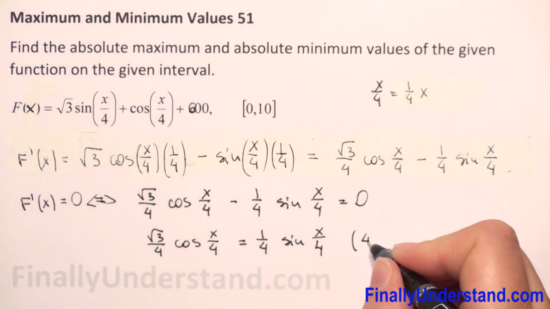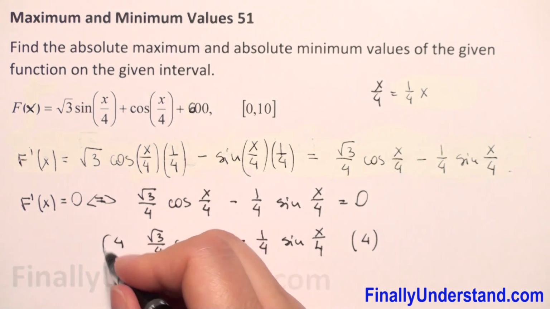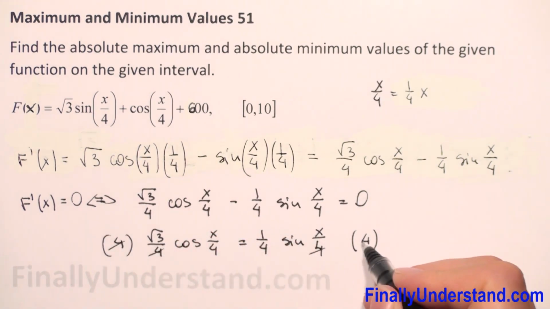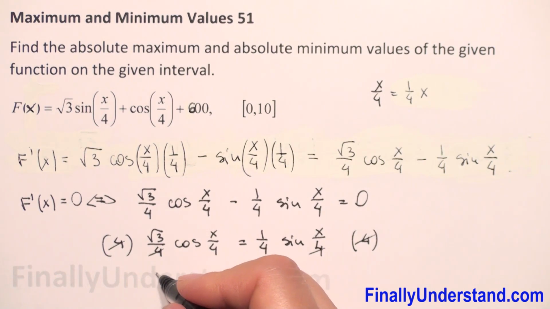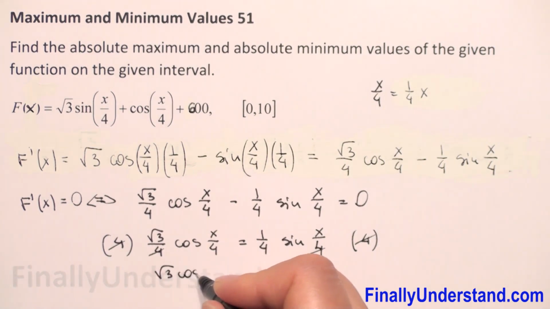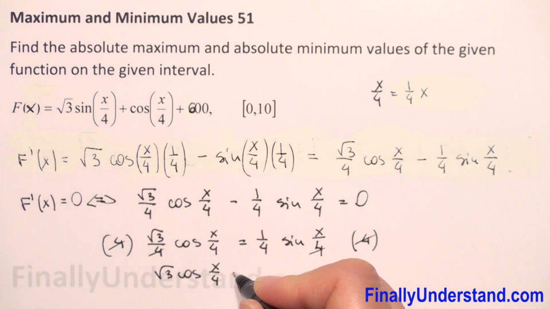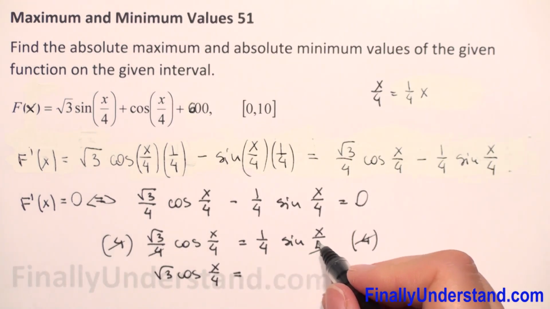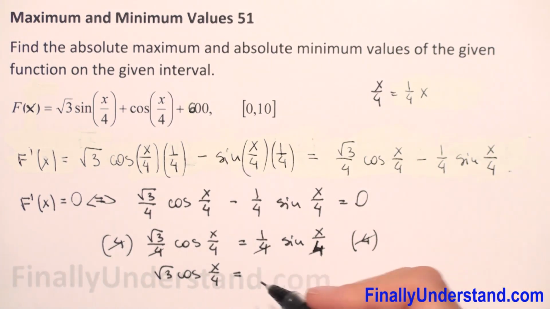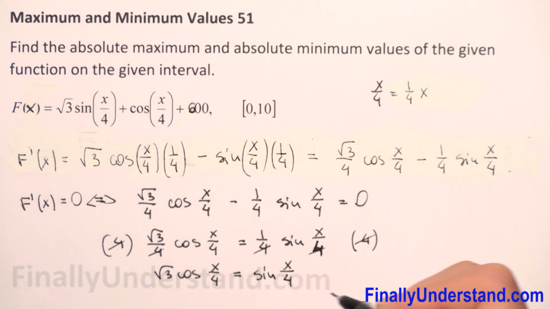Now I will multiply both sides by 4. So we have square root of 3 cosine x over 4 equal to sine x over 4. I just made a mistake, we cannot reduce this 4, we reduce 4 with this 4. Now I will divide both sides by cosine x over 4.